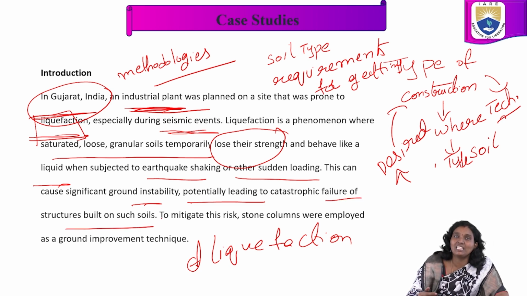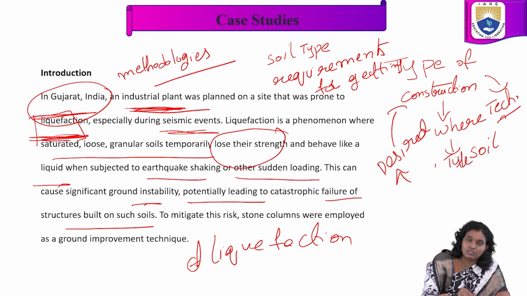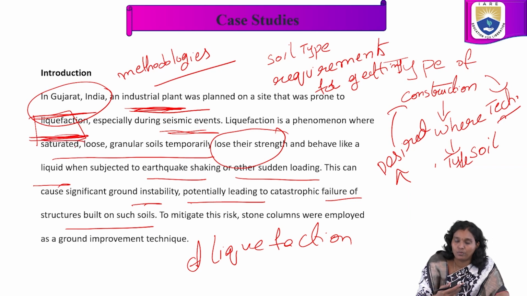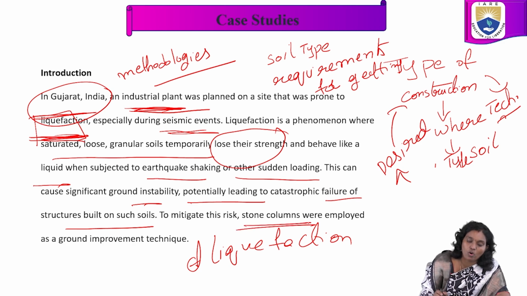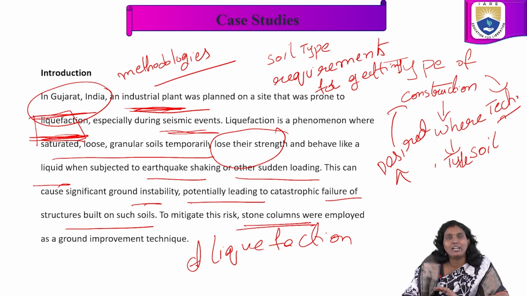To mitigate these kinds of risk, given the characteristics that the soil has, what kind of technique is helpful for constructing on that particular site? Here, stone columns are employed as the ground improvement technique.